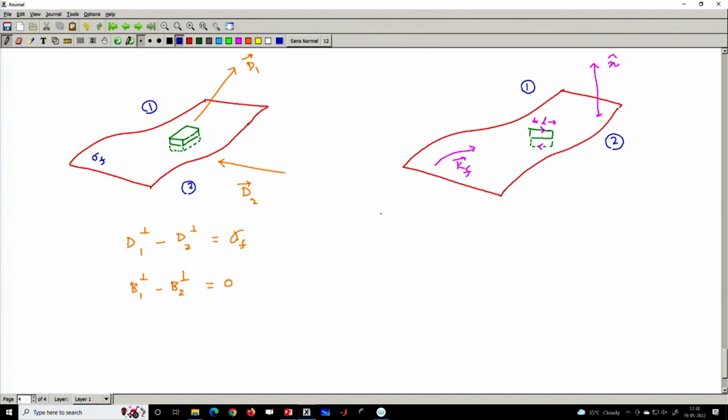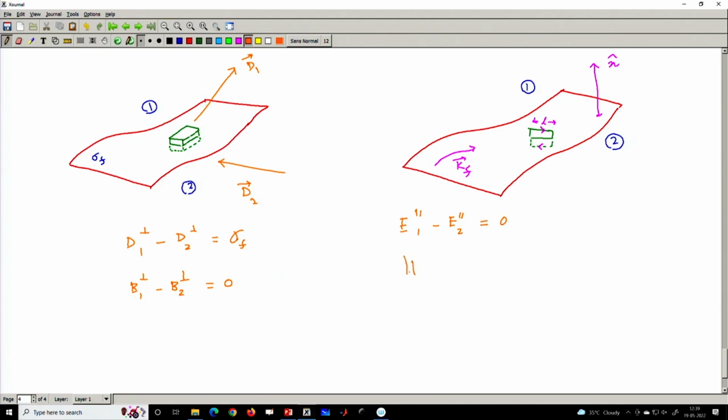Now, if I calculate the way we calculated earlier, it should be E parallel 1 minus E parallel 2 is equal to 0.